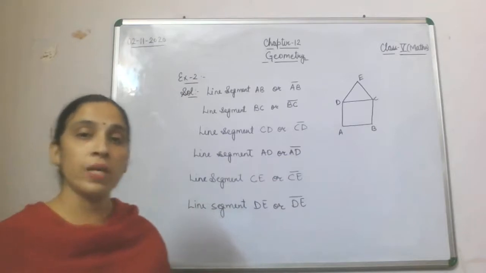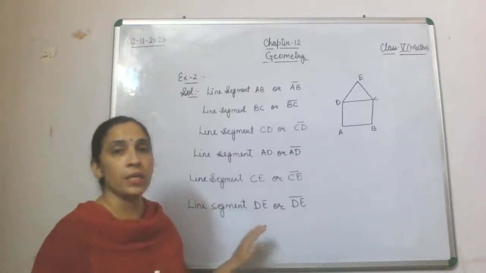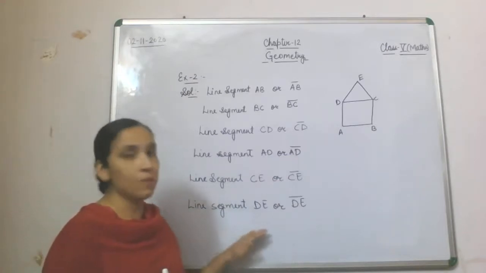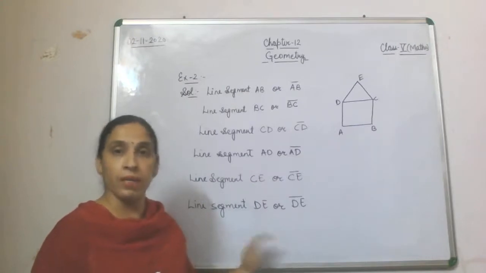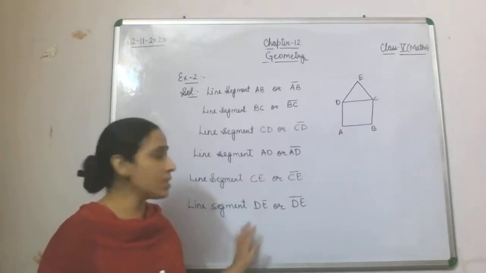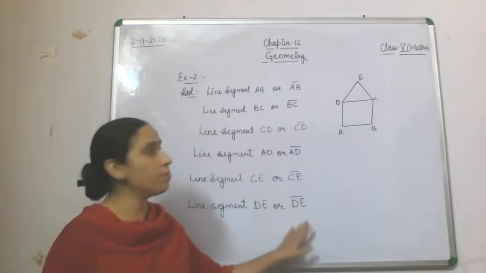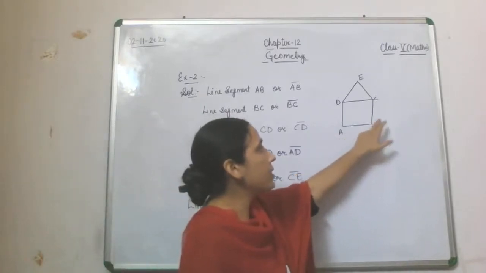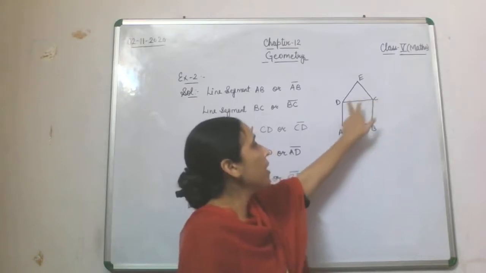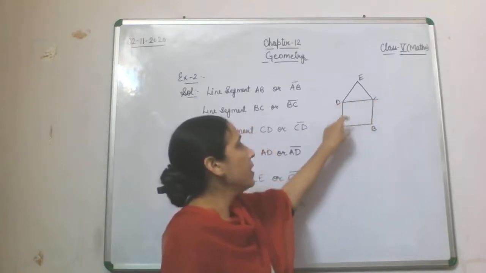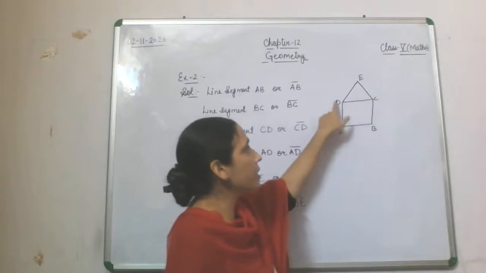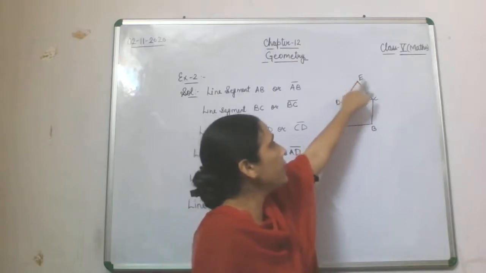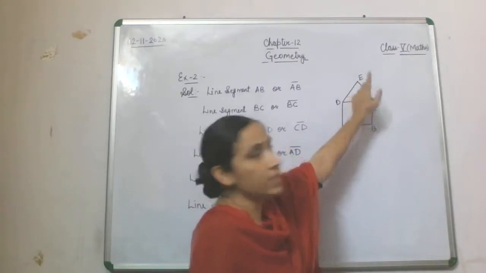So in this way you can write line segments using words as well as using symbols. Line segment AB, line segment BC, line segment CD, line segment AD, line segment DE, line segment CE.